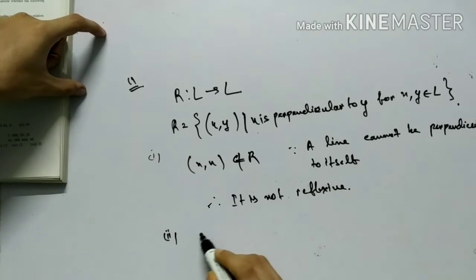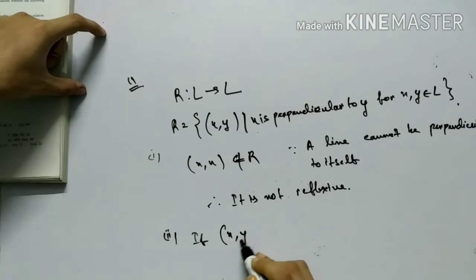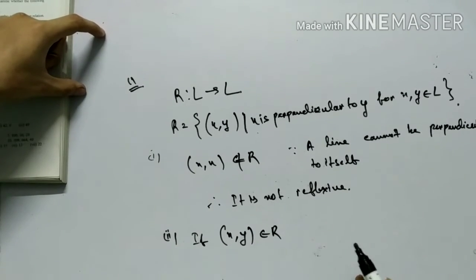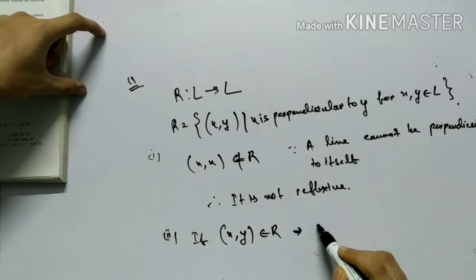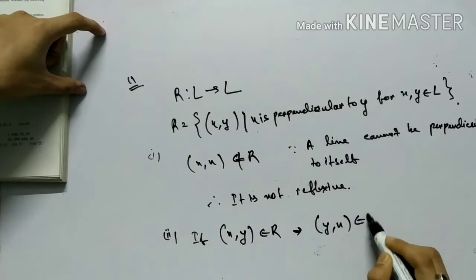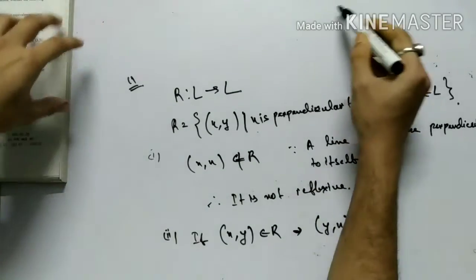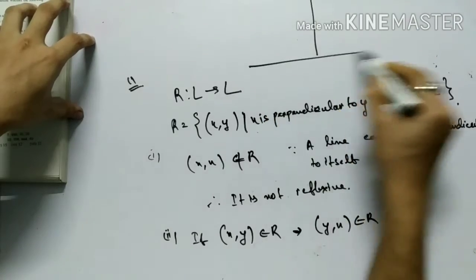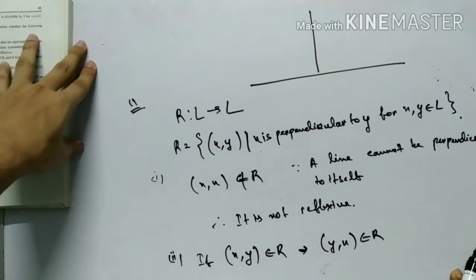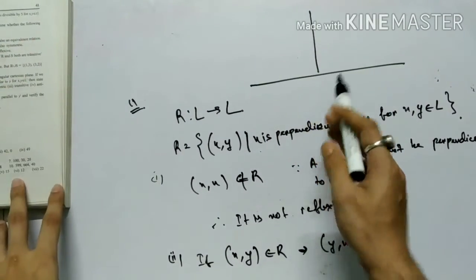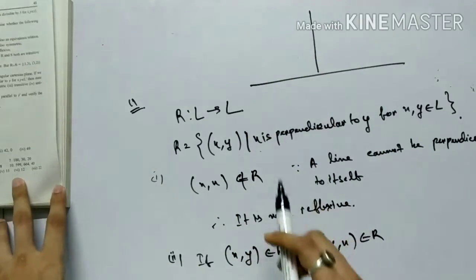Now if (x, y) belongs to R, then (y, x) will also belong to R. Because if one line is perpendicular to another line, then this line is also perpendicular to the first line.